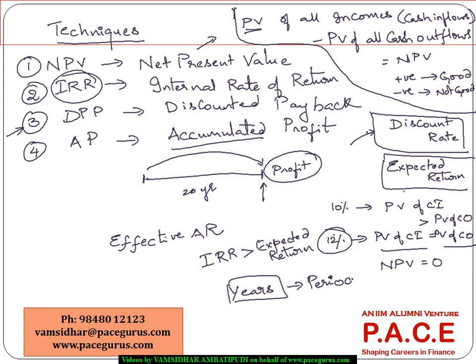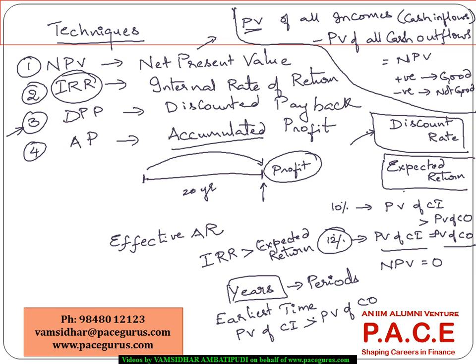All it is saying is: what is the earliest time at which, for a particular project, the present value of cash inflows starts going above the present value of cash outflows, meaning the project just starts making profit, and it accumulates profits as time increases.